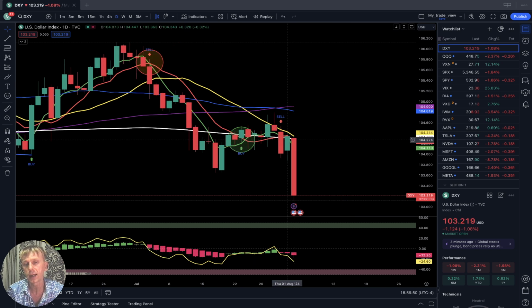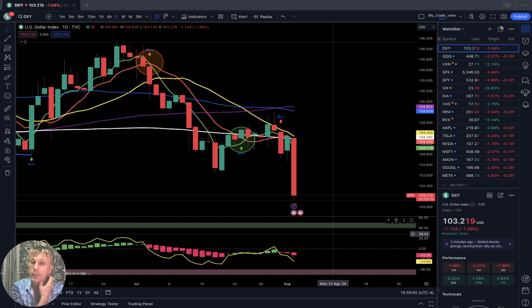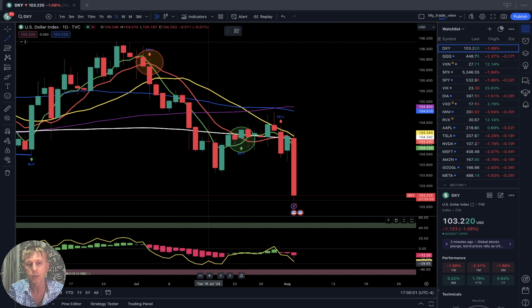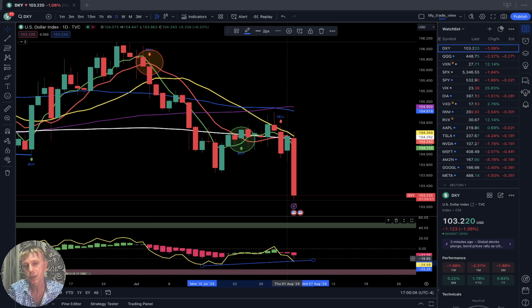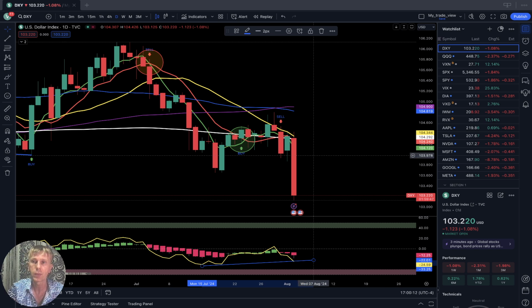SMA 20 is already ready for a bearish crossover over 200. It is a bearish setup on the daily time frame. At the same time, because it was fighting this SMA 200, it did a bullish divergence. Bullish divergence means it can bounce. It can bounce, but the trend is bearish.